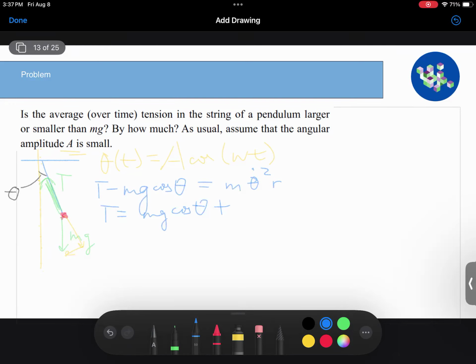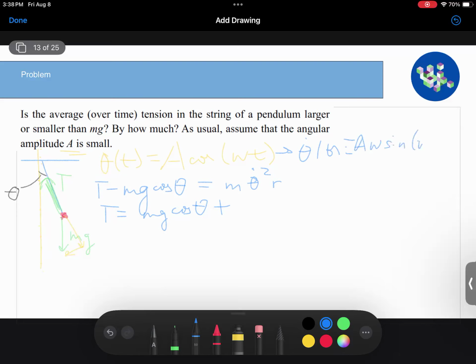Well, what's m theta dot squared r? We already have theta, so we can find theta dot. Theta dot as a function of time equals negative A omega sine omega t, right? That's just taking the derivative.